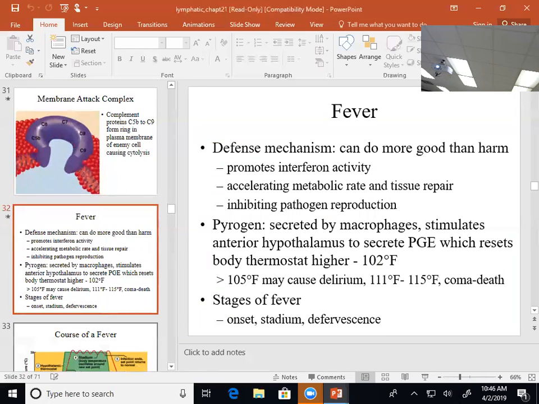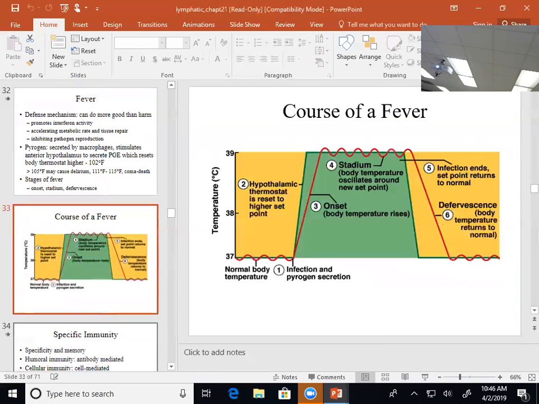All right, so we said fever is a good thing, isn't it? And getting back to fever, let me tell you about the chemicals that are released in the body by damaged cells. These chemicals are called pyrogens. Pyrogens. What does a pyromaniac like? Fire.